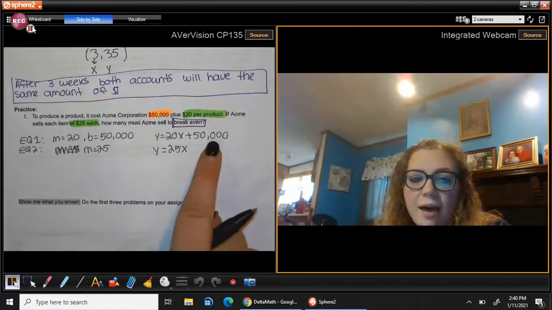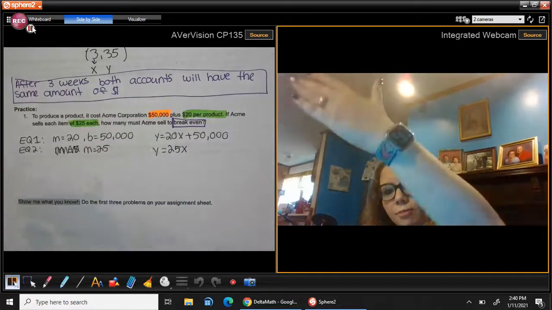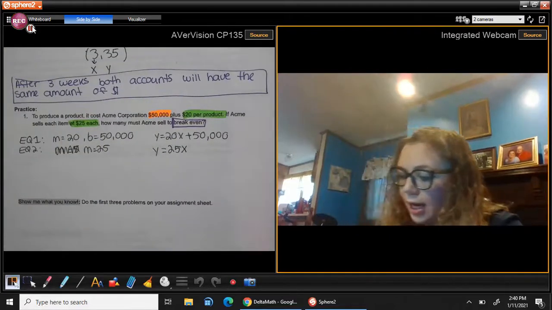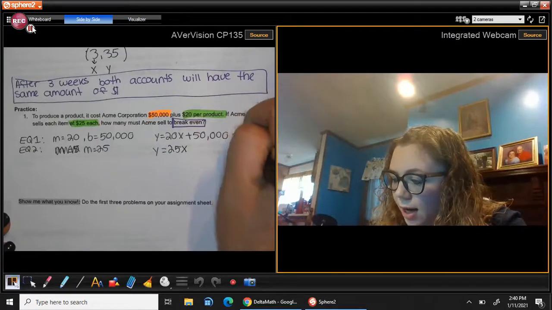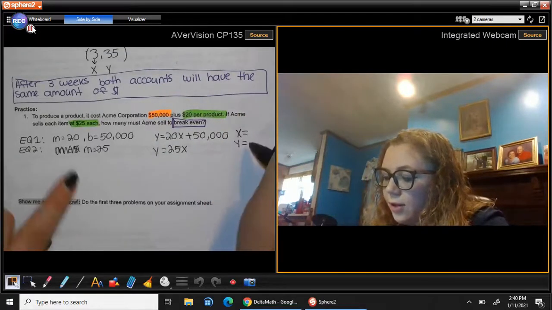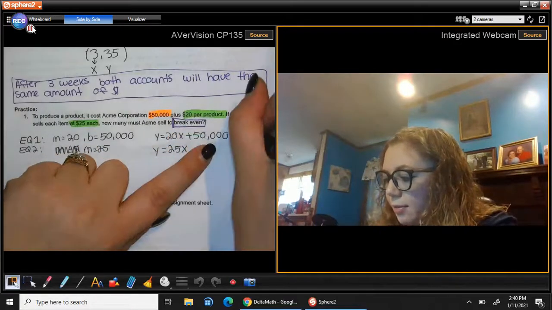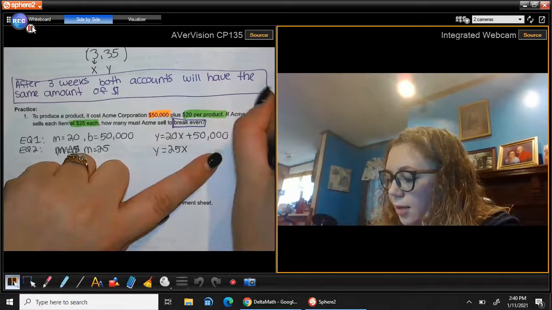I don't have a y-intercept because they want to see when they're going to break even. So now I have these two equations. I need to know what x means and what y stands for. Again, look at the slope, $20 per product. So x is going to be products, and y is going to be my cost.